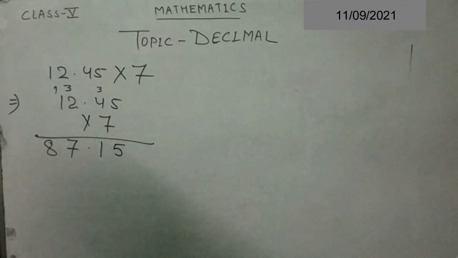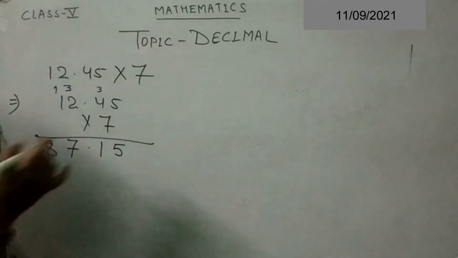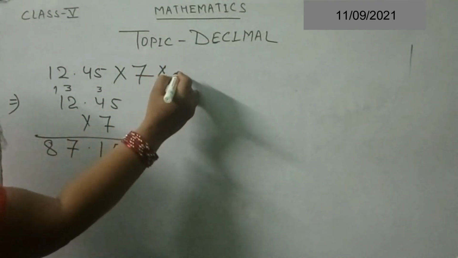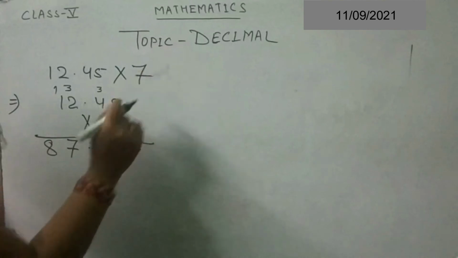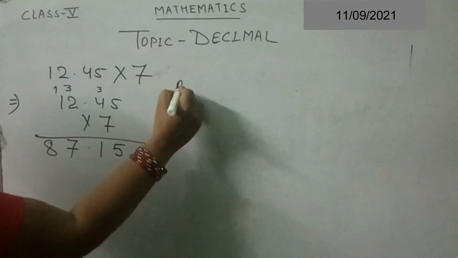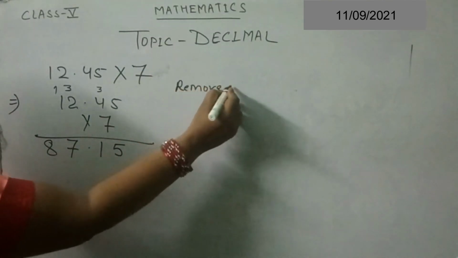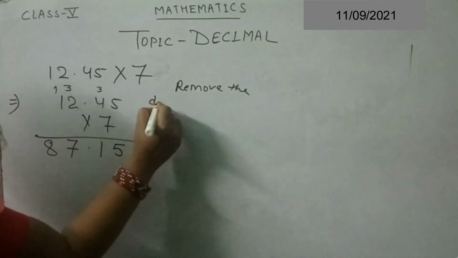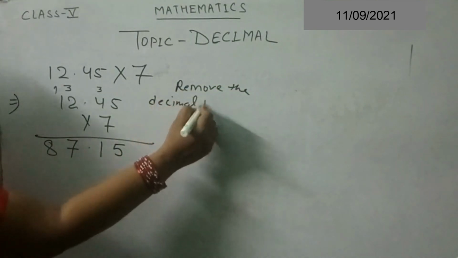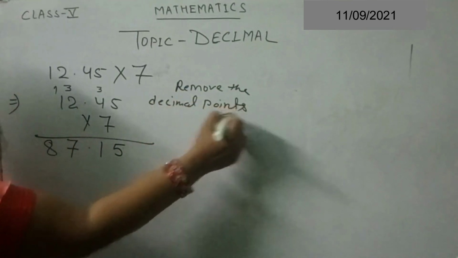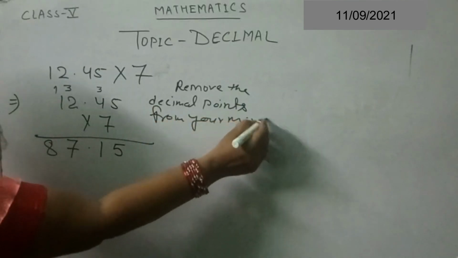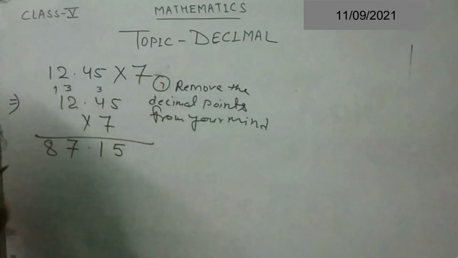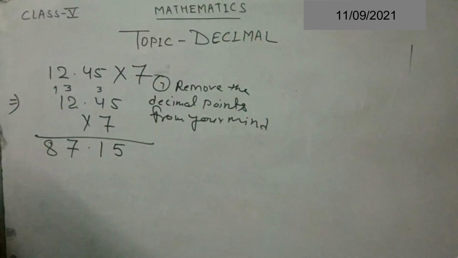Now in short I will explain what you have to do. First, remove the decimal points from your mind. First step is remove the decimal points from your mind.